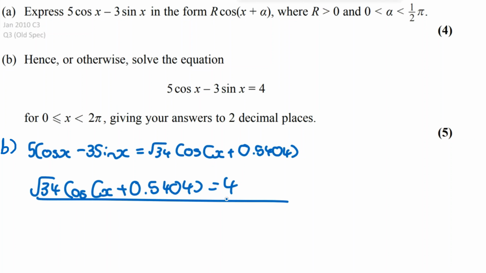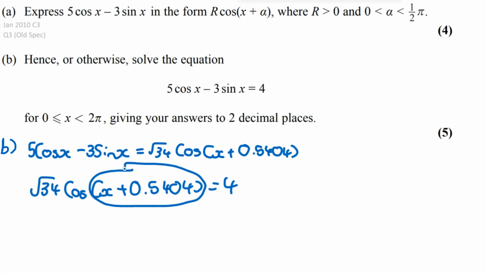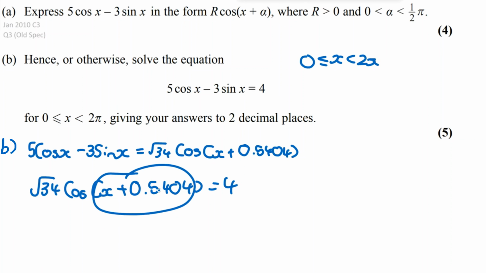But to solve these, we have this inside the function translation here, so that means we need to adjust this interval. At the moment it's in terms of x, so it's 0 to 2 pi, and we need to get it in terms of x plus 0.5404, so we need to add 0.5404 to everything.